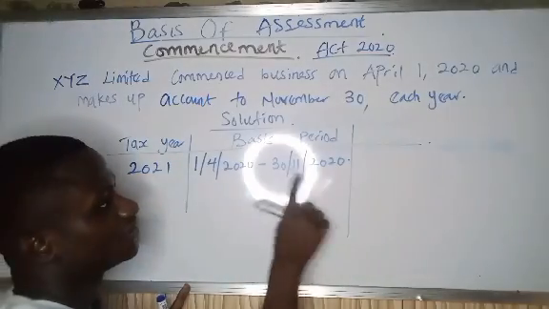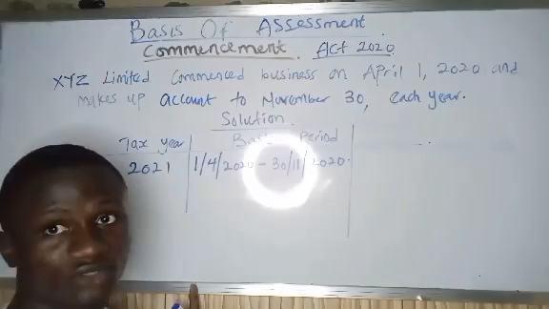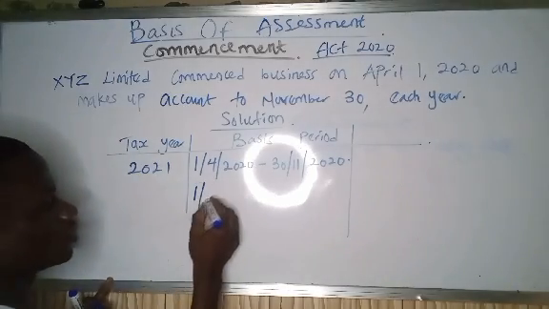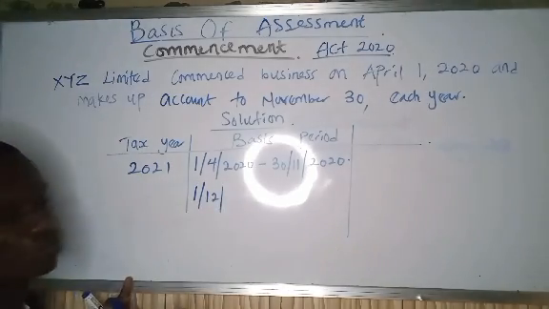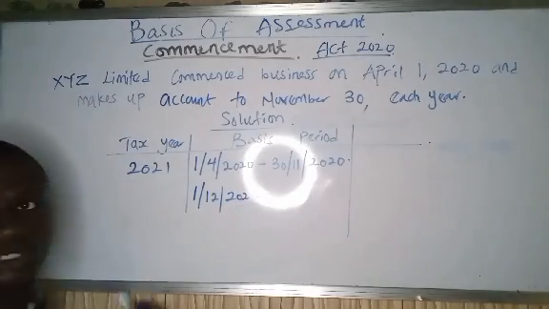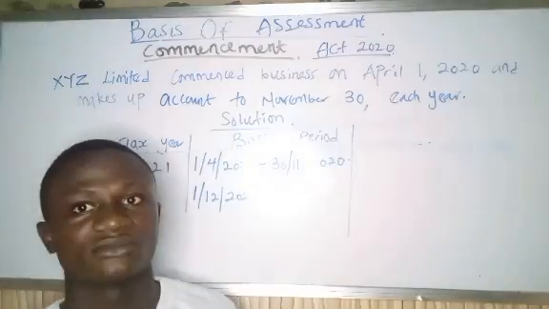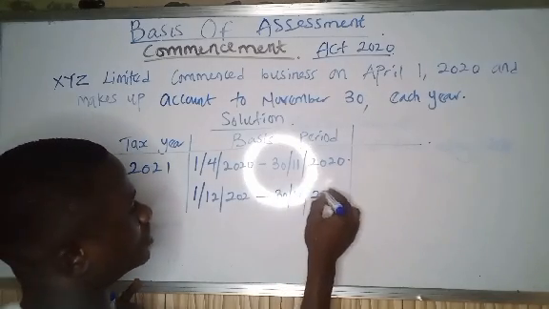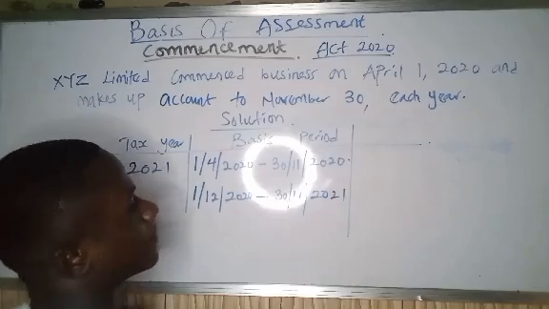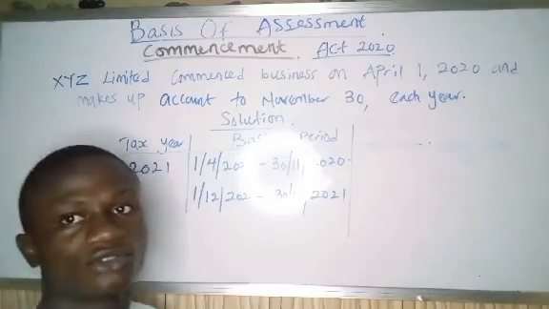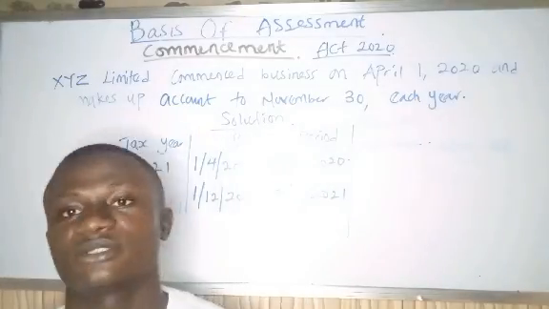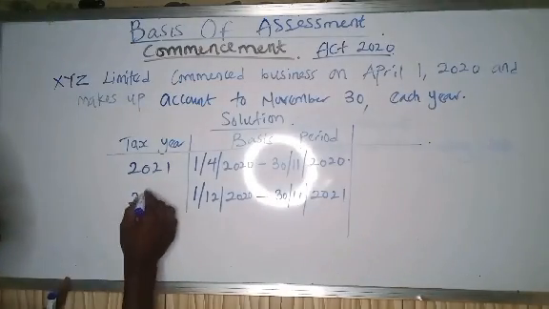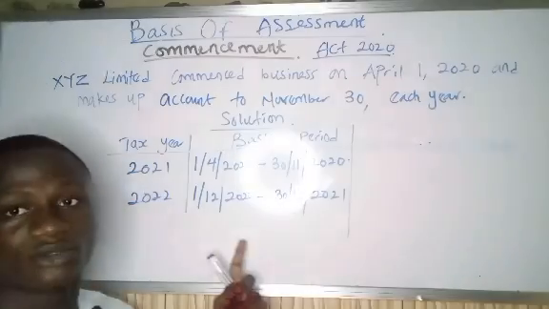So if it is ending 30th of November 2020, then a new period will start 1st of December 2020 to November of the next year, 30th of November 2021. If you count it, November to December, that is 12 months. So this will be 2022. This is for the second year.